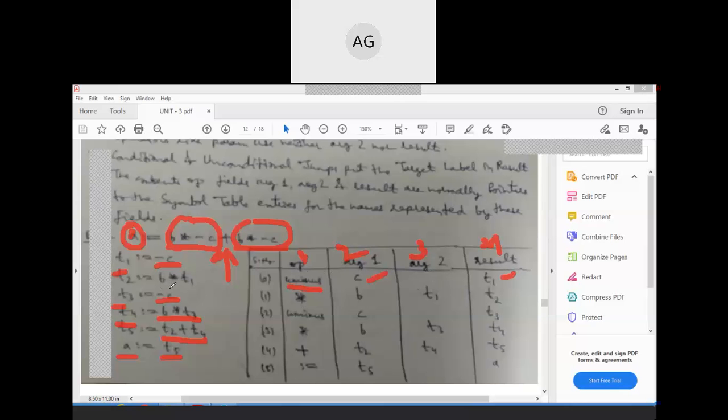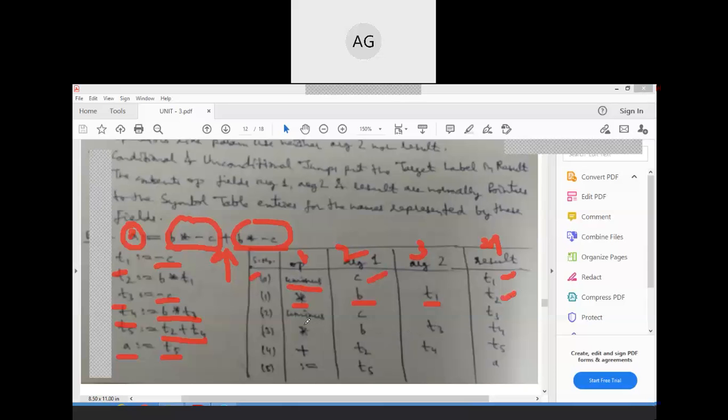Now you can also write the serial number here. It starts with 0, because we are considering an array data structure, and arrays start with 0 addressing. So the first statement is 0. In the second statement, the first argument is b, the operator is into, the second argument is t1, and the result is stored in t2.